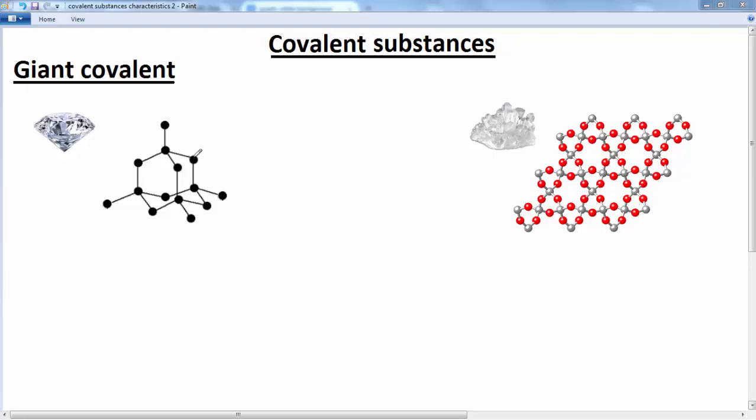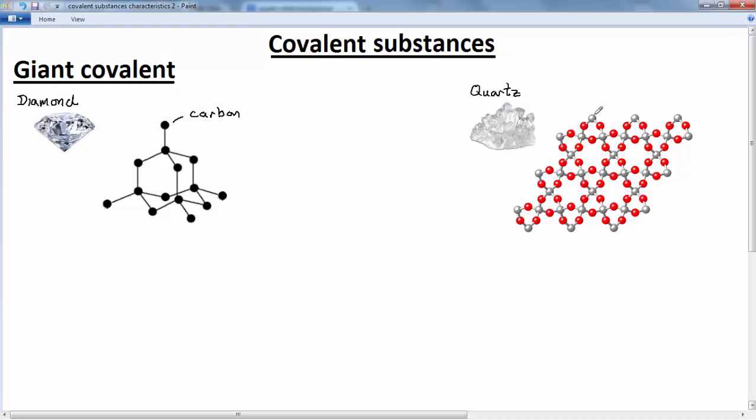Now, giant covalent substances can be elements such as diamond, which is made from carbon. There we go, that's the carbon atom. Or it can be a compound such as quartz, which is made from silicon and oxygen atoms.